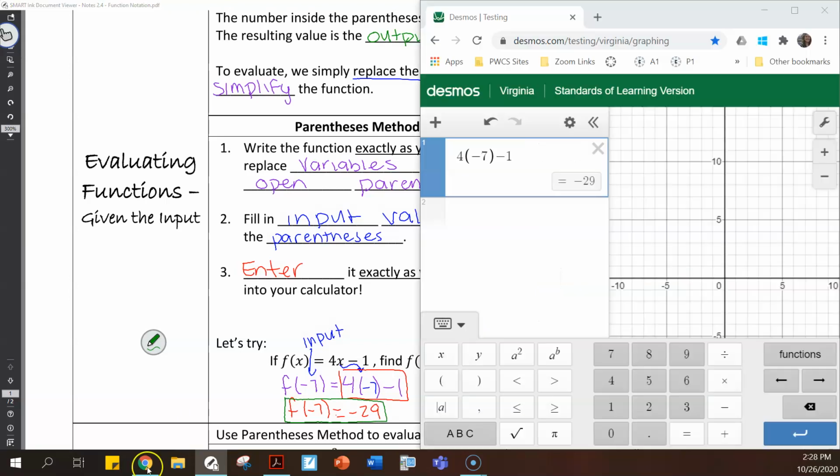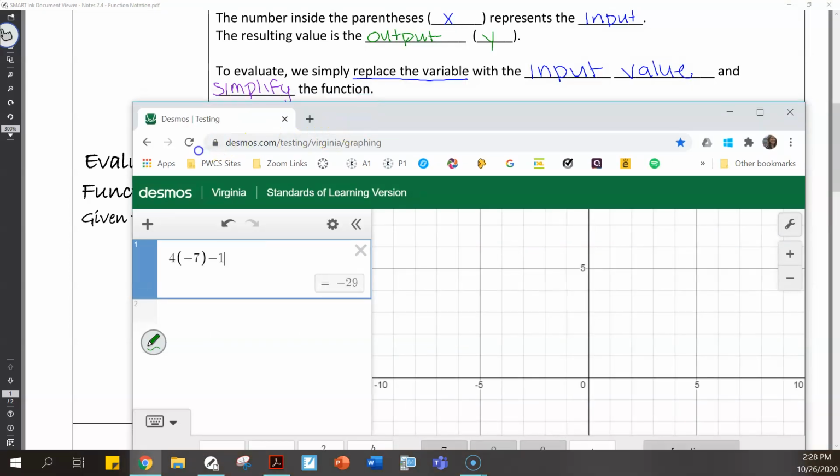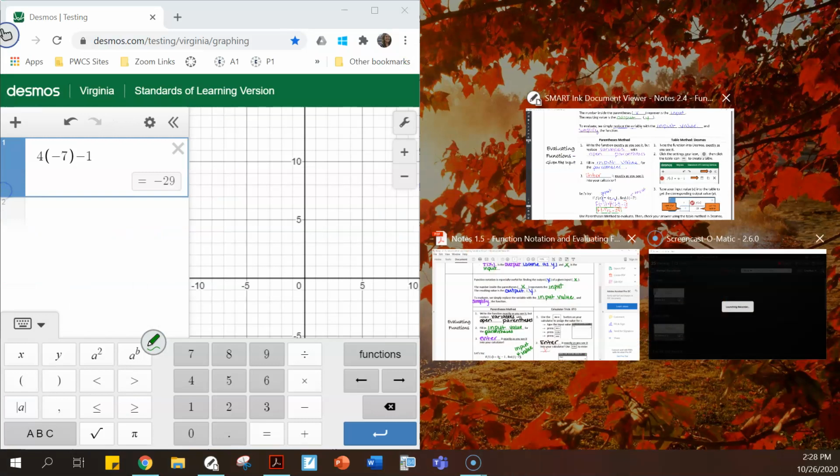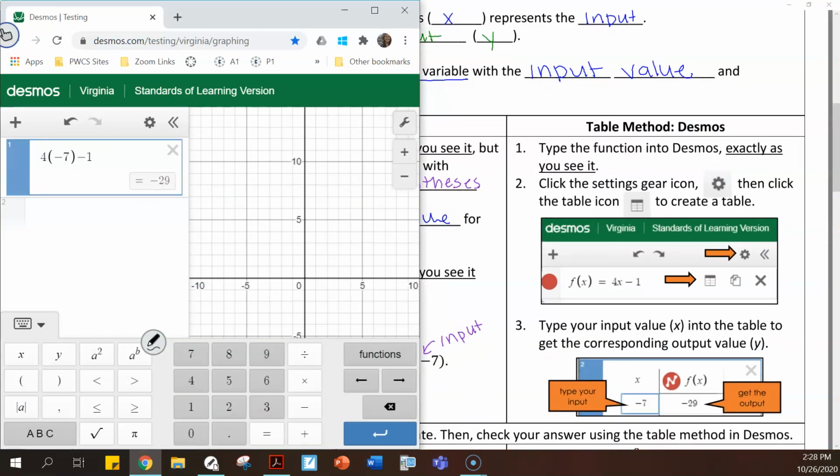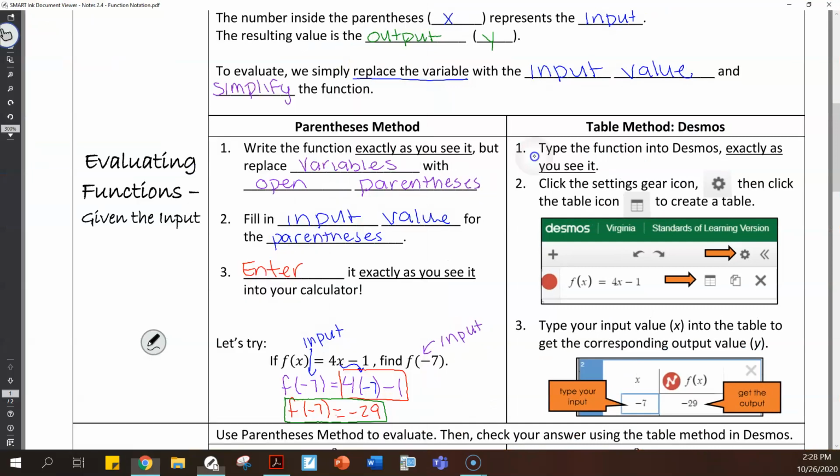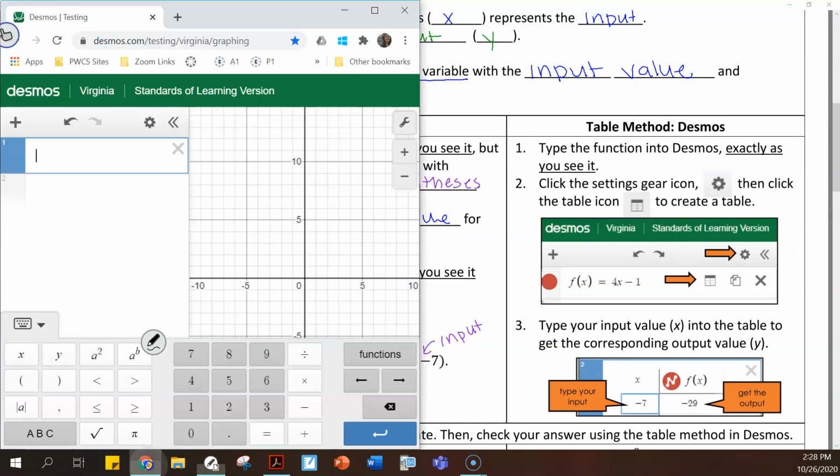Okay. If I want to use the table method, or I want to use Desmos to do this, the process is very similar, but we're going to let Desmos do a lot of the work for us. So the first thing I want to do is type the function in Desmos exactly the way I see it. So in this case, it says f of x equals 4x minus 1. I'm going to type it exactly like that.